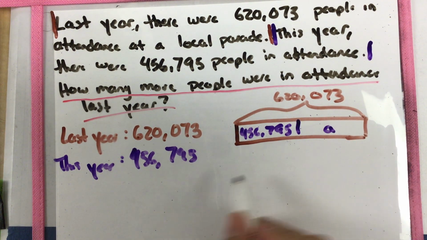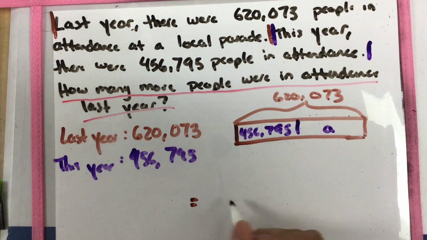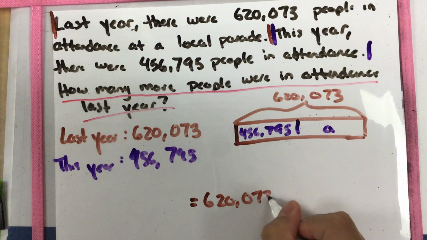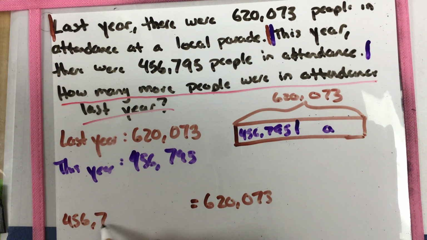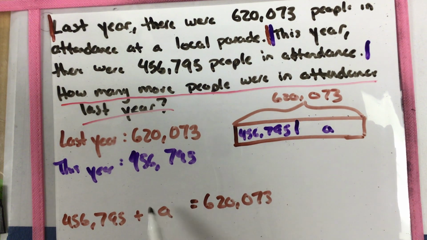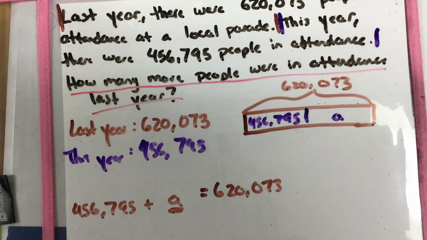Well, if I know that both of those numbers combined will equal 620,073, so we have 456,795 plus A, because that's what we have there, our variable.